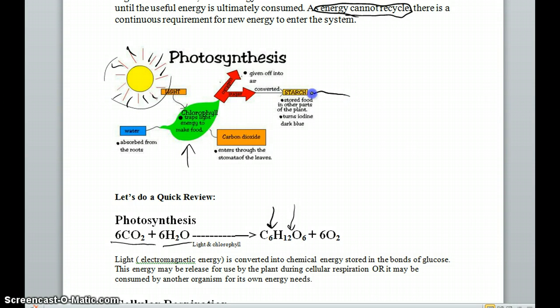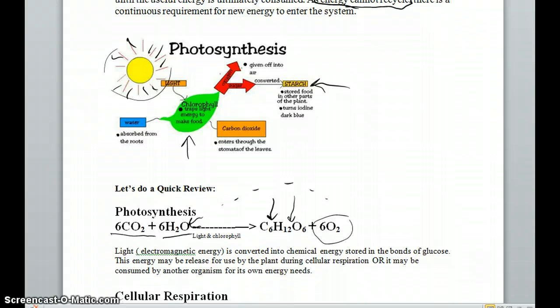You'll see in this diagram, for example, they talk about starch being storage, and glucose is a monosaccharide. It's the most basic of the starches. We also get oxygen, and that oxygen, by the way, comes from water, not from the carbon dioxide. That turns out to be a very, very helpful molecule, but not as far as energy transport.